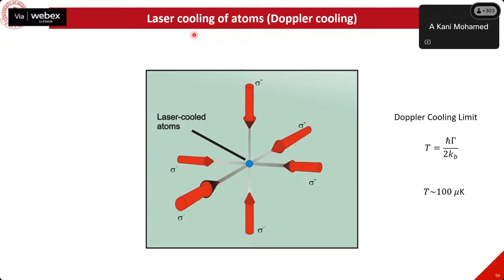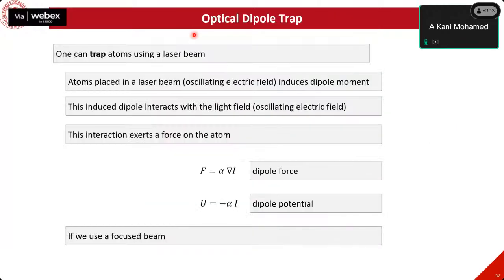We will talk about mirrors and beam splitters in the next step. So the next step after cooling is trapping the atom by using laser light. Now consider a laser beam. The atom has been cooled to a very low temperature and is now placed in a laser beam.